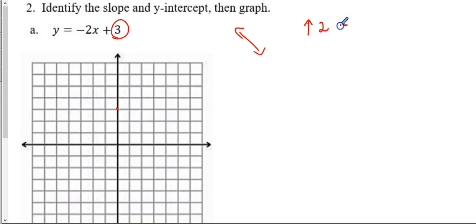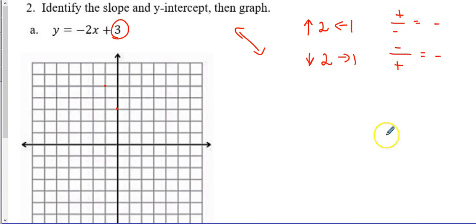But if I go left 1, sorry about that, that's the y-intercept, left 1, then that would make that a positive over a negative, which is still a negative slope. So as long as I go either up and left, so up 2, left 1, if I go down 2, that's my negative direction, and then right 1, that is a negative over a positive, and that's still a negative number.